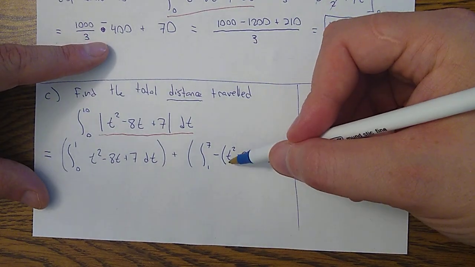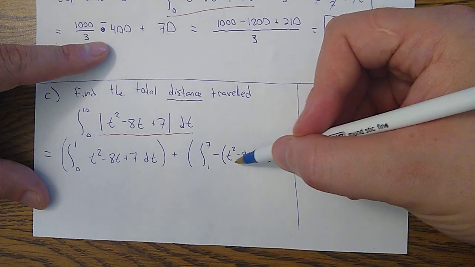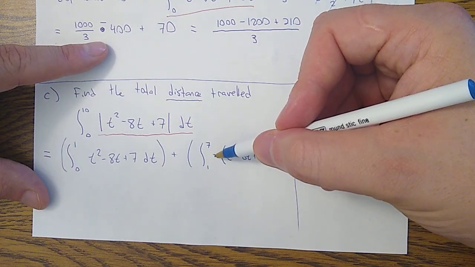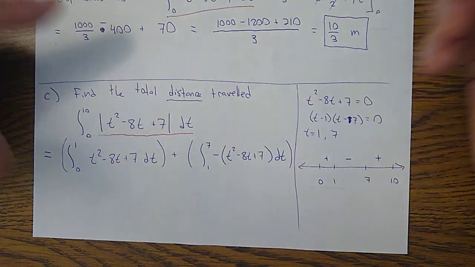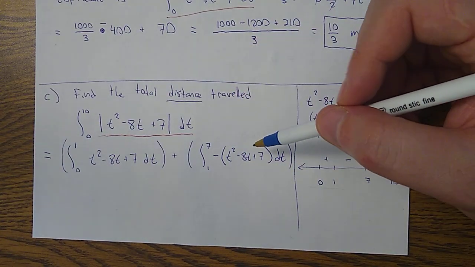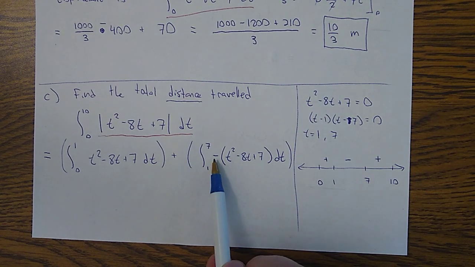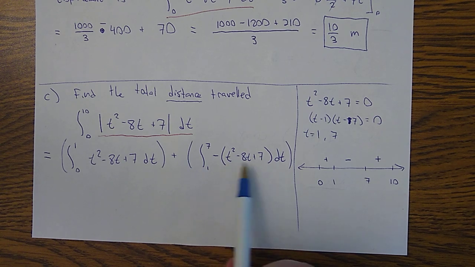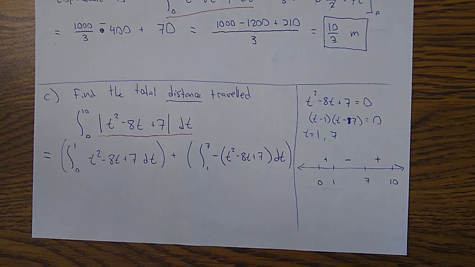Keep in mind, on this interval, this is a negative number. So this negative sign makes it a positive number the way it's supposed to, because the absolute value is supposed to make it a positive number. Don't be fooled by this negative sign. This negative sign is making it positive, because without this negative sign, it would be negative.